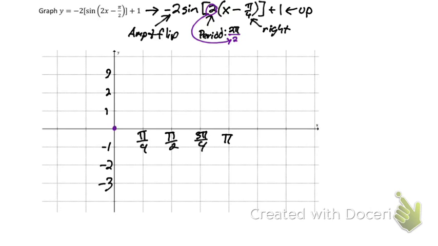So our regular sine, not going left or right, is going to start at 0, 0, go down to negative 2, go back up to 0, up to 2, back here. And I'm just going to put tick marks on it because that's not my final graph. That is just negative 2 sine of 2x.